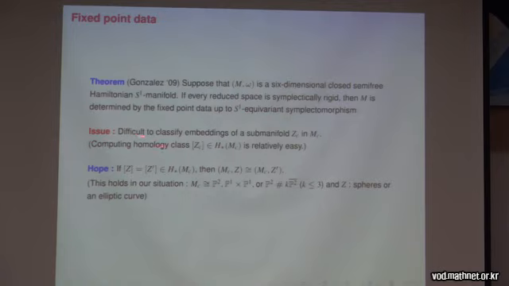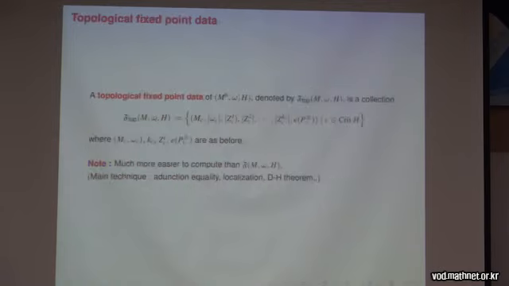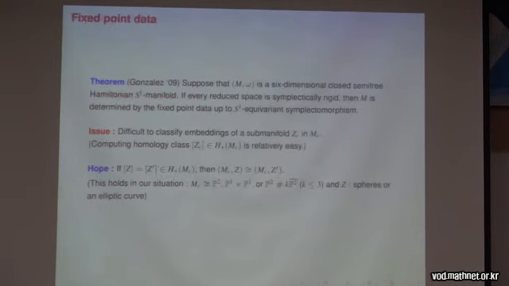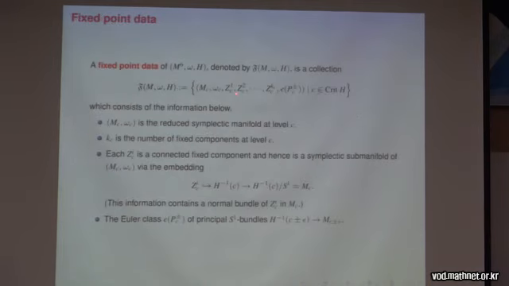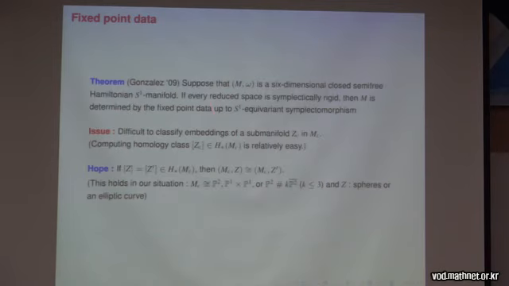But it is very difficult to classify the fixed point data because this data includes the embedding information. Even though our fixed components are diffeomorphic, if the embedding is different, then the fixed point data should be different. So it is almost hopeless to classify the embeddings of a given manifold.